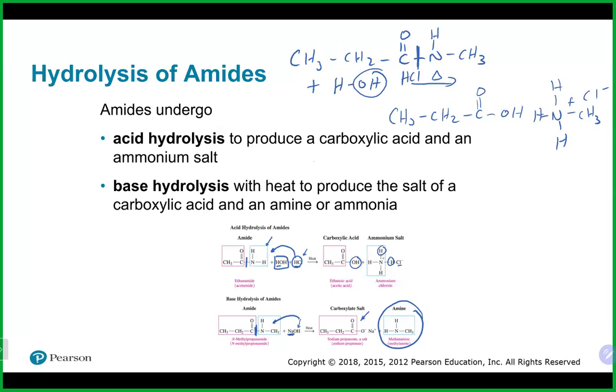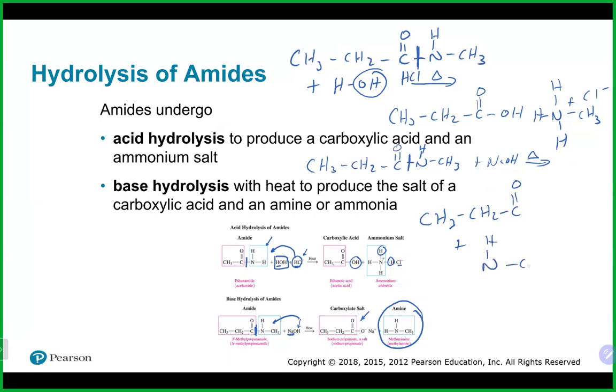Now, if we did this in the base, we'll add sodium hydroxide here and some heat. Once again, we're going to break it apart here. And in this case, we will get our amine back, and we'll draw our two parts. And I'll just draw it this way here. So our other part.